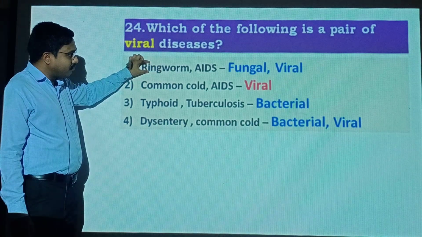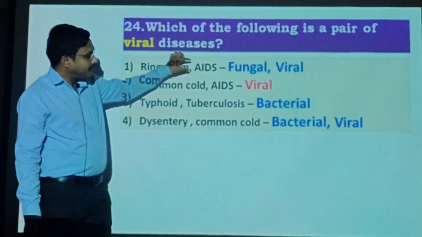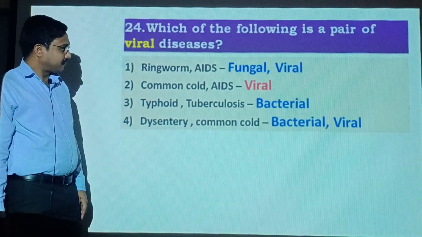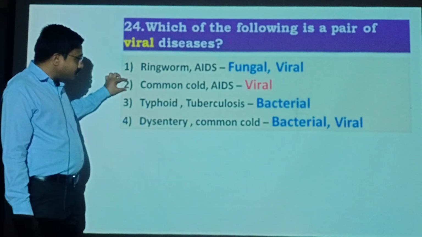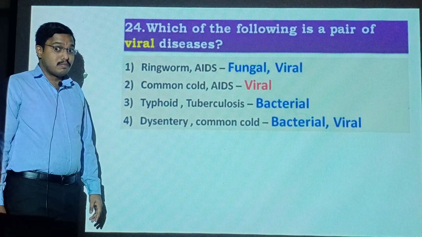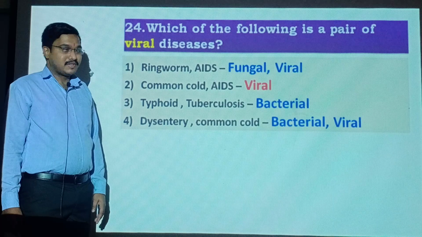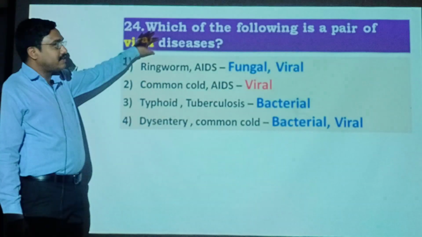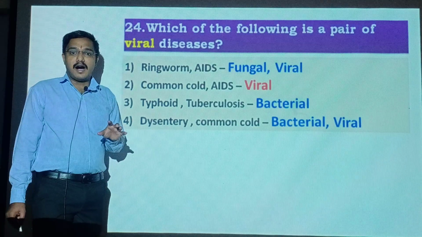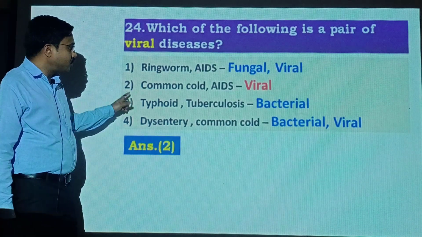Option 1, ringworm is a fungal disease. AIDS is a viral disease. In option 2, common cold and AIDS both are viral diseases. Therefore, the right answer for this question is option 2.